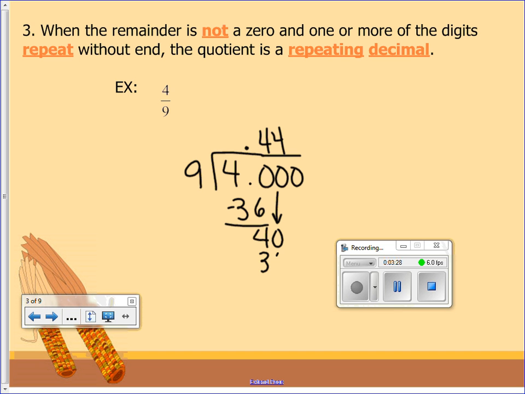It is very important that you line everything up in order to get the correct answer and to avoid confusion. Now, I could continue to divide this, but I notice that it repeats. So 4/9 written as a decimal is 0.4 with a bar notation over the 4. It only needs to be over the first 4 to indicate that it repeats.